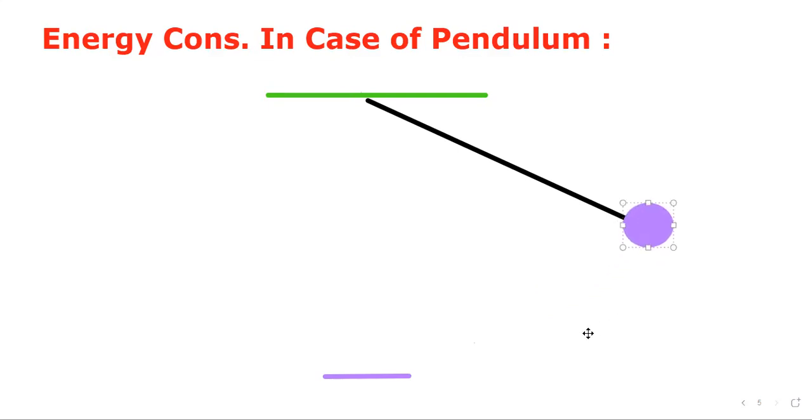Now the pendulum is here. Let's assume that the name of this position is point A.